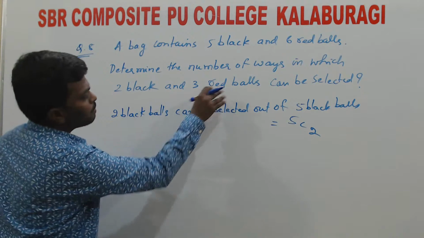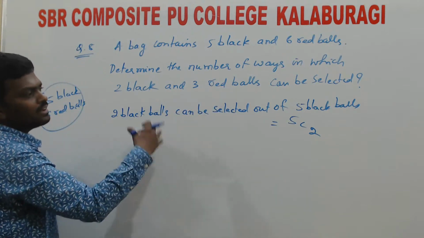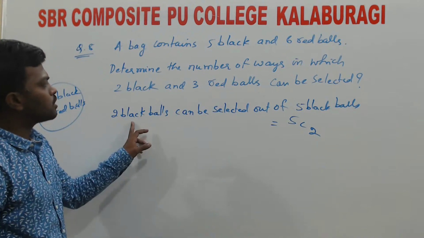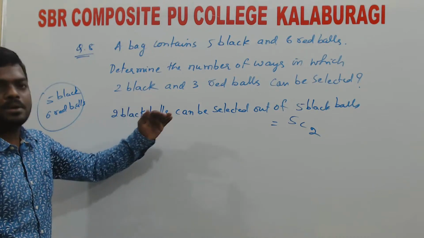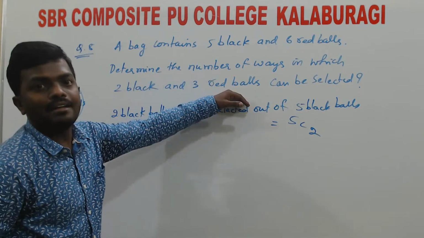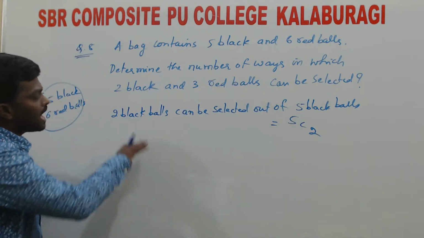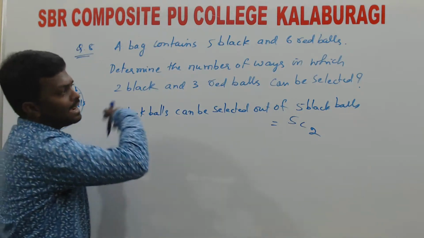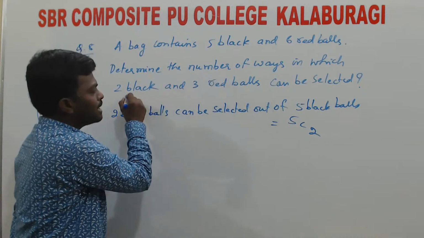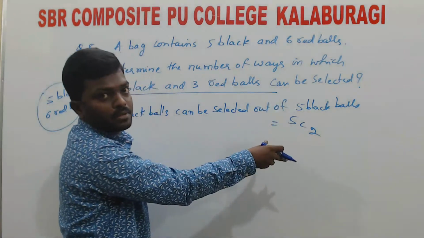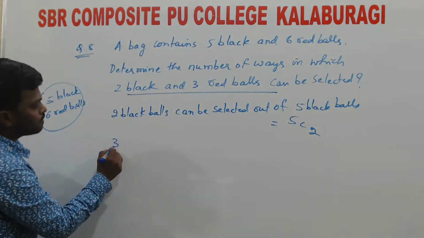Next, you have to pick three red balls. So the event is still going on. You need not stop here. You have to pick black balls and red balls also. The work is still in progress. After picking the black balls, I have to pick the red balls, and only then is my work completed. That means the multiplication rule.